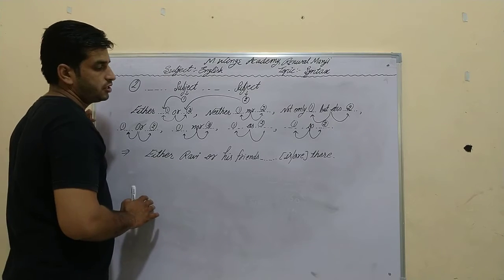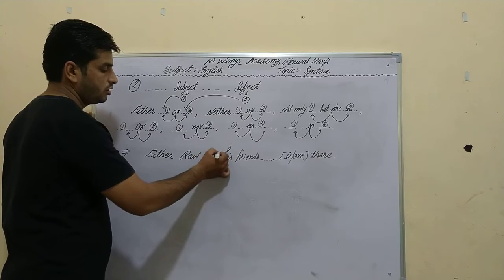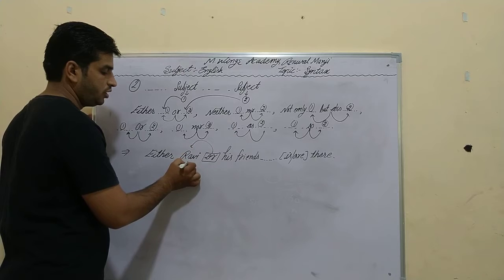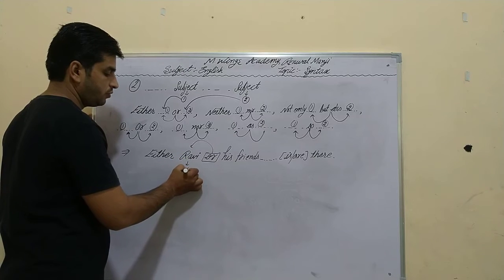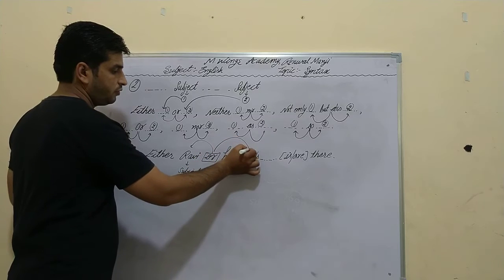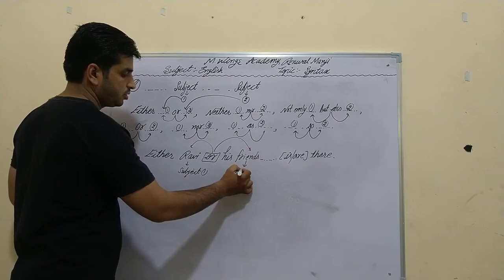If such a condition is given, then we find or in the sentence. Before or we have Ravi, which is our subject number 1, and here we have friends, which is our subject number 2.